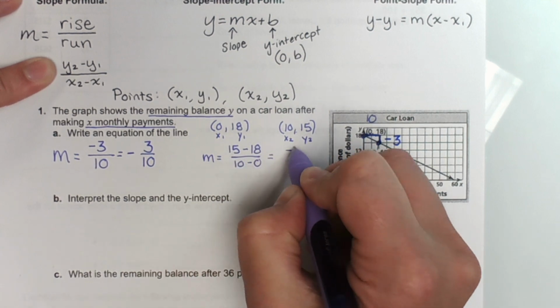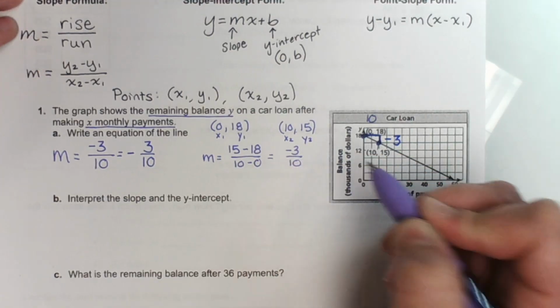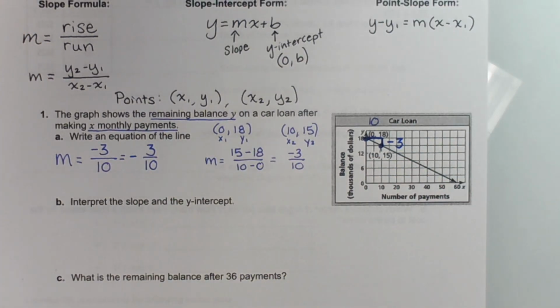Guess what? You would have gotten -3 over 10. Should you get the same thing? Yes. I don't care which way you do the slope, as long as you can calculate slope.